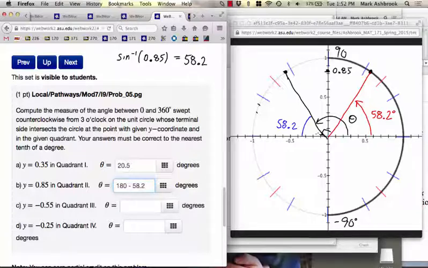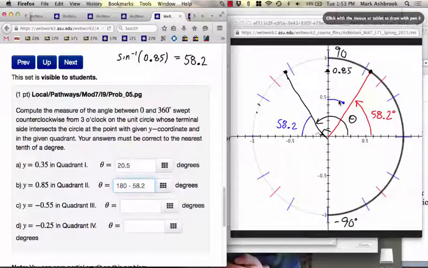Okay, more practice. Here we go. Any questions on that one? Can we subtract 90 and then add 58.2? You want us to do 90 minus 58.2? Okay, that gets this one. Then plus 90, because if you take 90 minus 58.2, you're getting this angle right here, and that's the same as this.